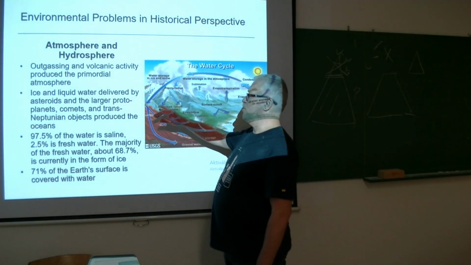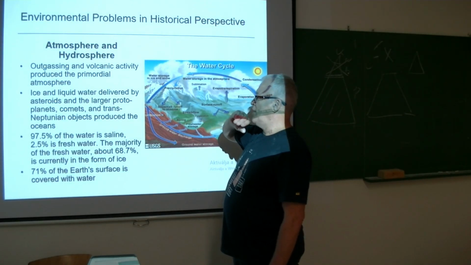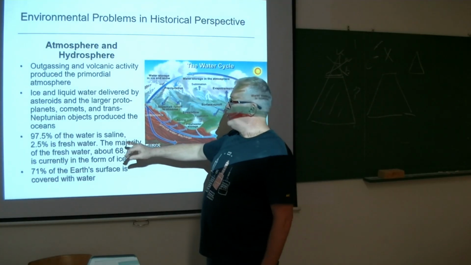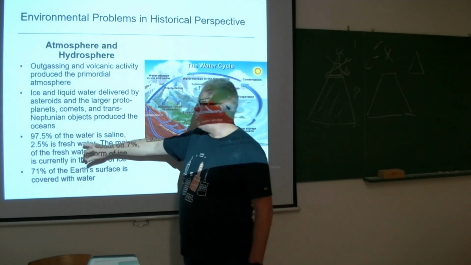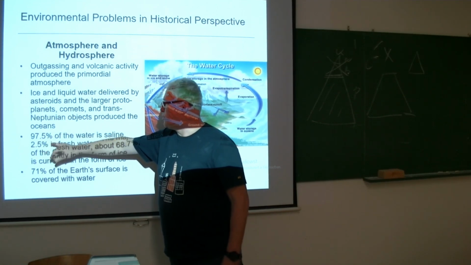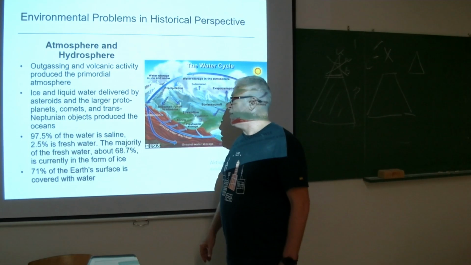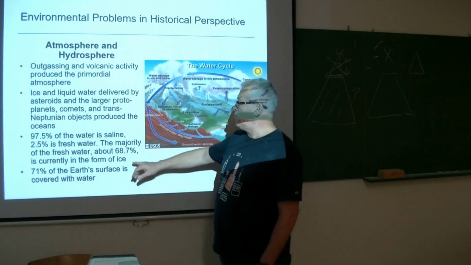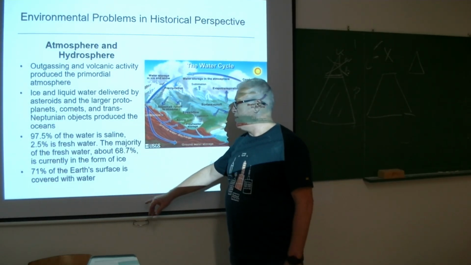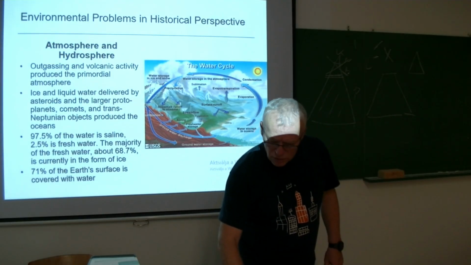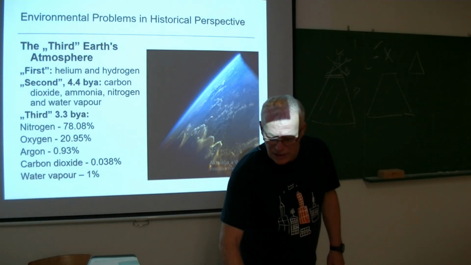It came with asteroids, comets, trans-Neptunian objects, protoplanets and so on. On the surface of the Earth, the majority of water is saline water, and only 2.5 percent is fresh water, and the majority of fresh water is currently ice. It's general information from an elementary school geography book.